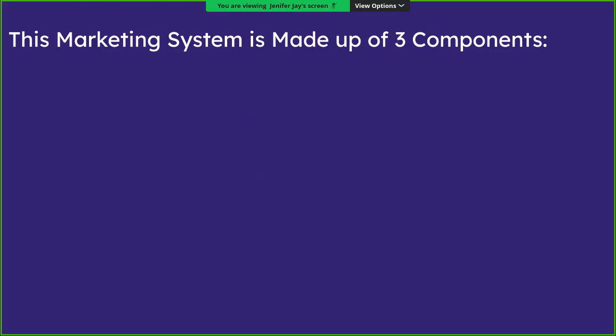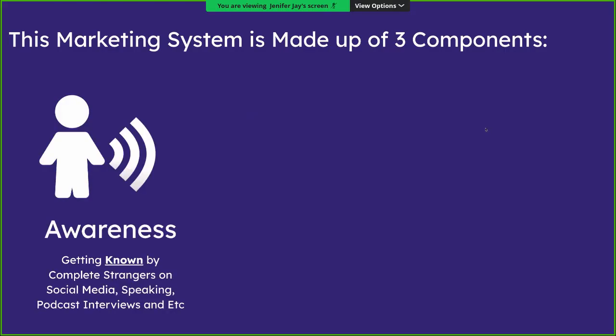So let's get into this marketing system. The first component of the marketing system is awareness. Most business owners skip past this and do not realize how important it is. How can anyone do business with you or know you are the solution to their problem if they do not know you exist?